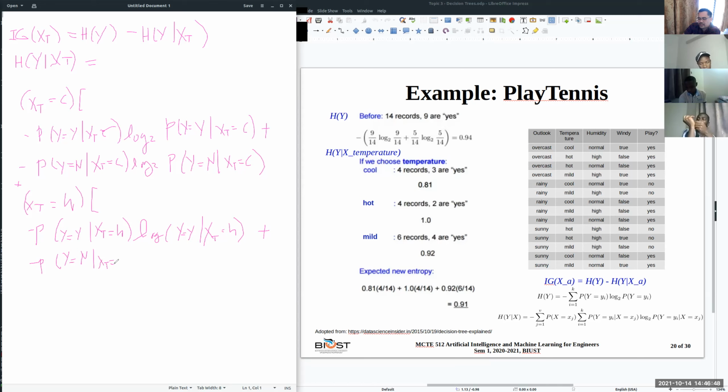Temperature, the same thing, it's hot, log 2, this should be 2 here, y being no, given xt being hot.